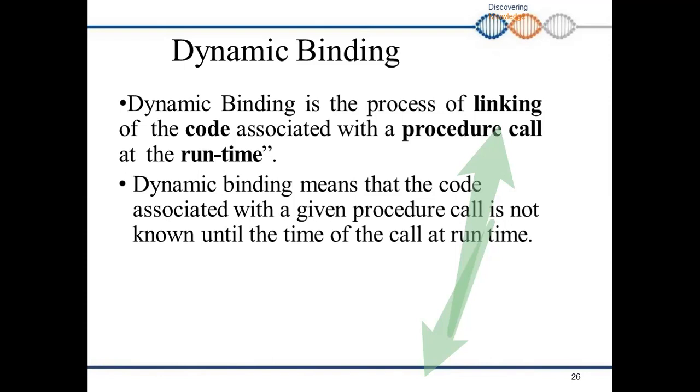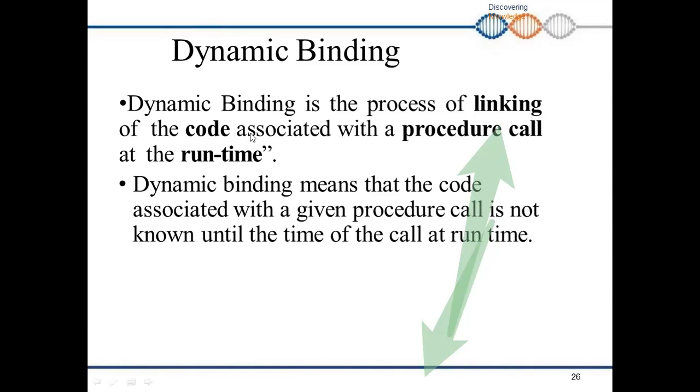The binding done at runtime is known as dynamic binding. Linking of the code associated with that function call at runtime is known as dynamic binding. Dynamic binding means that the code associated with a given procedure call is not known until the time of the call at runtime.